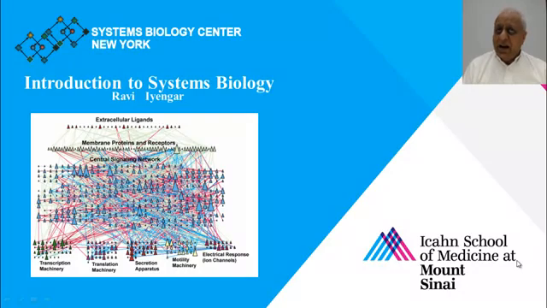And sometimes these large data sets are now increasingly being called big data, and the field that is devoted to the analysis and organization of such data is called bioinformatics. These data can be analyzed using a variety of statistical and mathematical tools, and the field of mathematics that deals with this kind of analysis of large data sets is called graph theory or network analysis.